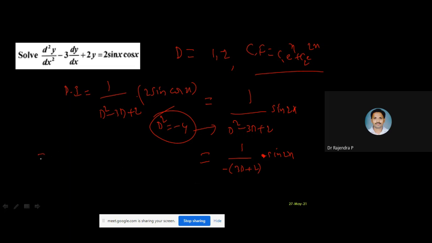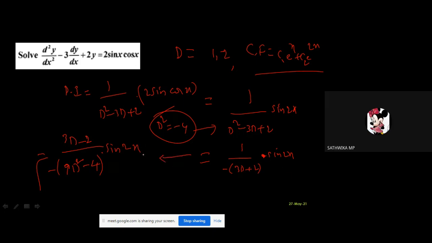Now there are no d's. D is there in the denominator. We need d square term. To get the d square term, I can rationalize with 3d minus 2 by 3d plus 2 into 3d minus 2, minus of 9d square minus 4 into sin 2x. Have you understood from this step to this step?